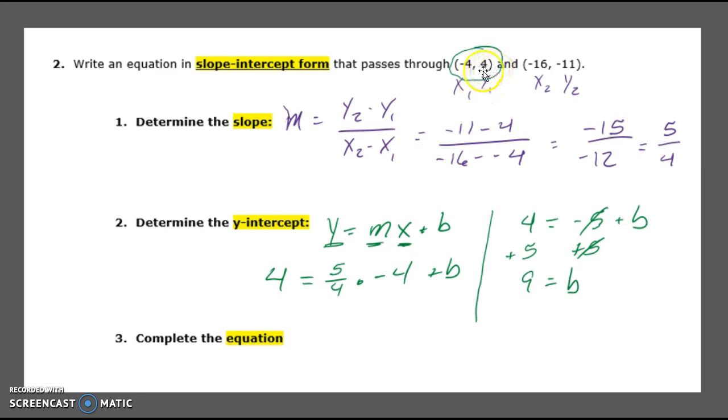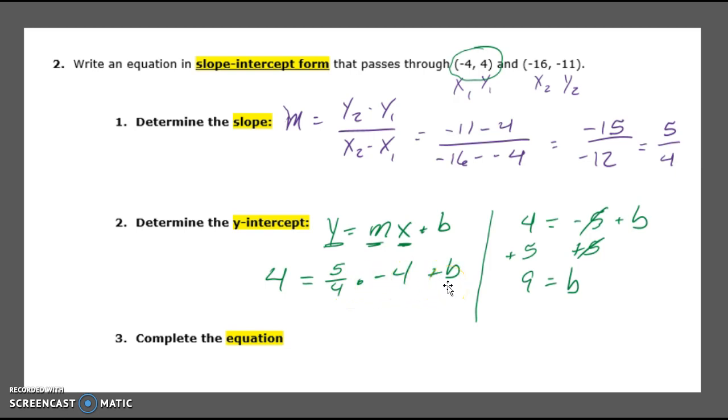And if we've got a y, we can use the x from the exact same point. And we're going to substitute, which is something we've done all year long. So I end up with, for my y, 4. For my slope, 5/4. And for my x, it's -4. And if I put all of that together, it's 4 equals 5/4 times -4 plus b.